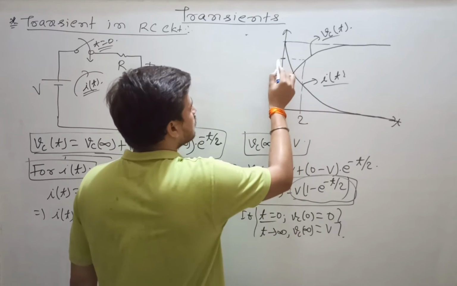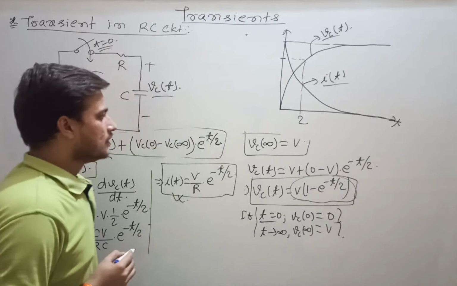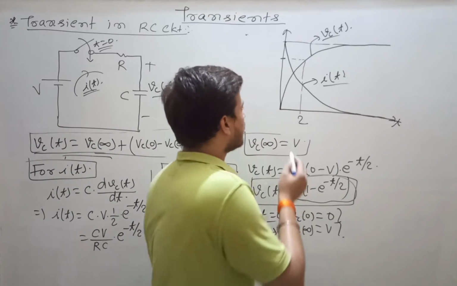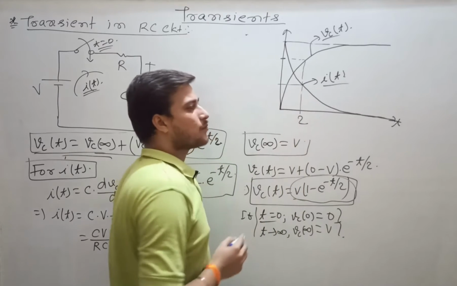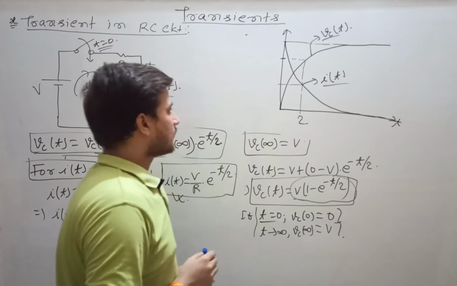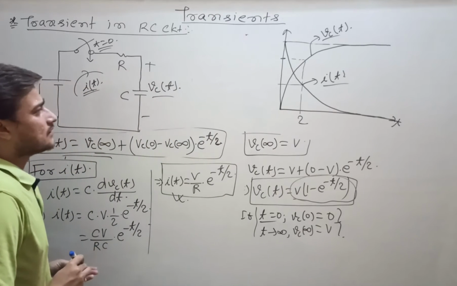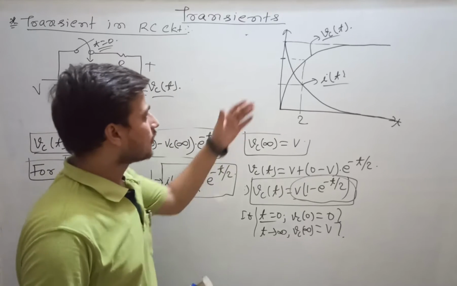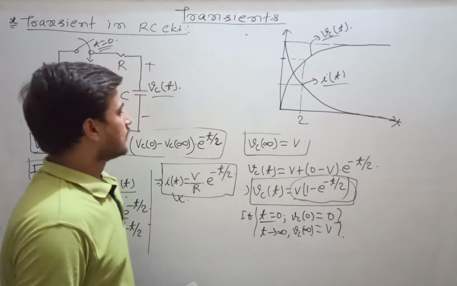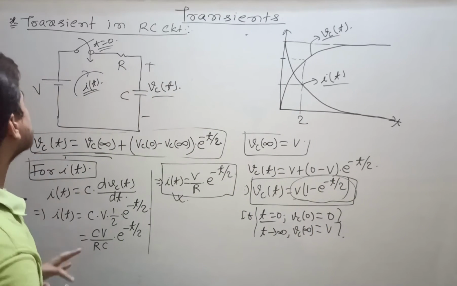Here it will be 0.632, and here this value will be 0.368. Clear? So this is the characteristic of current and voltage of this RC circuit.